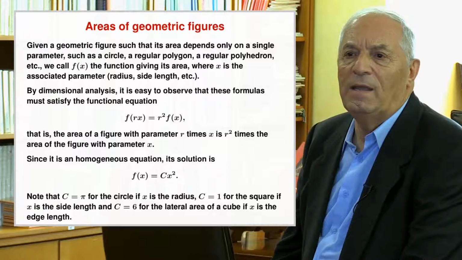Since it is the equation of homogeneous functions, its solution is the one indicated below. Note that c is equal to pi for a circle of radius equal to x, c equal to 1 for a square of side x, and c equal to 6 for the lateral area of a cube of edge length equal to x.